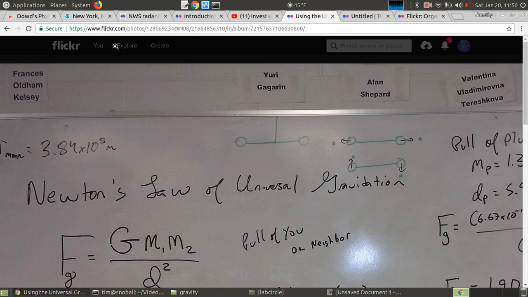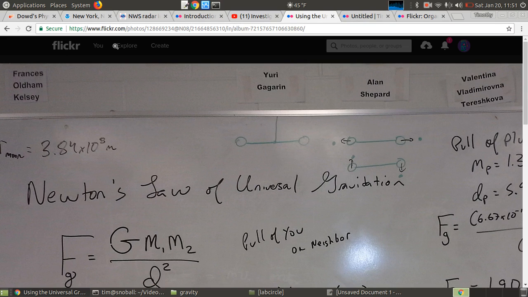M1 and M2 are the masses of the two objects. We can see that the force of gravity will be bigger if M1 or M2 is bigger. And that might be the explanation of why we feel the Earth pulling on us, but we don't feel the person sitting next to us pulling on us. The Earth's mass is really big, so maybe one of these masses has to be big for us to notice.